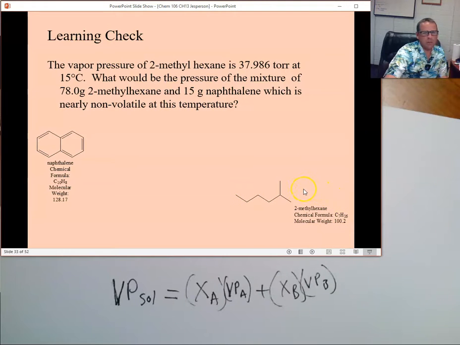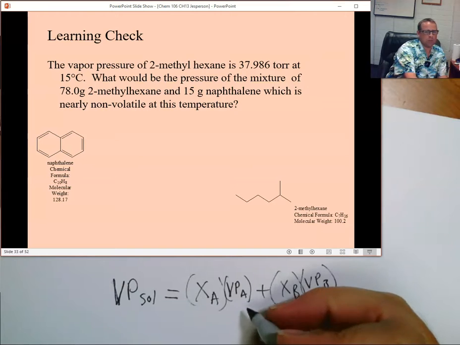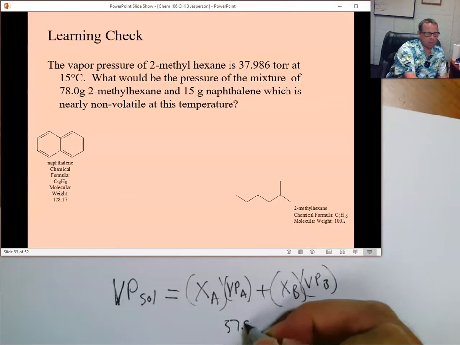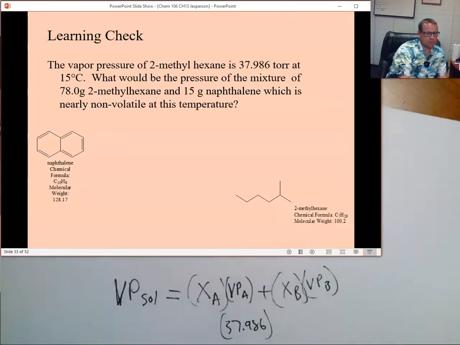What's the vapor pressure of A? Very good. 37.986. So that we would multiply by our mole fraction.